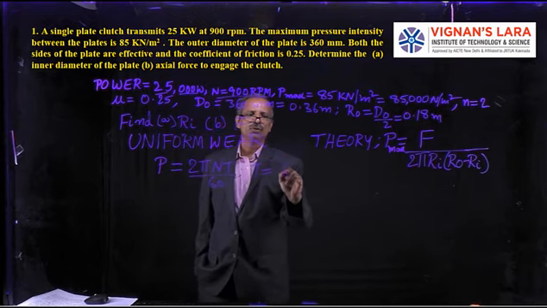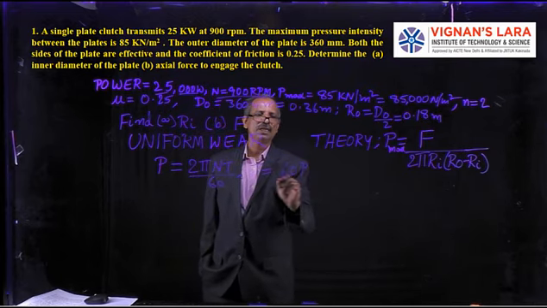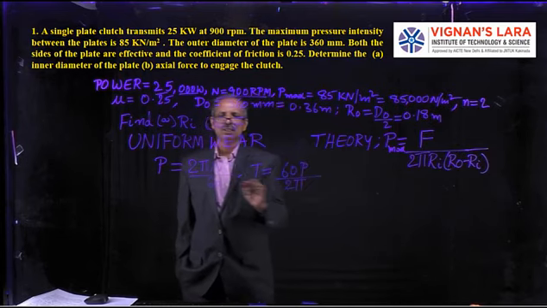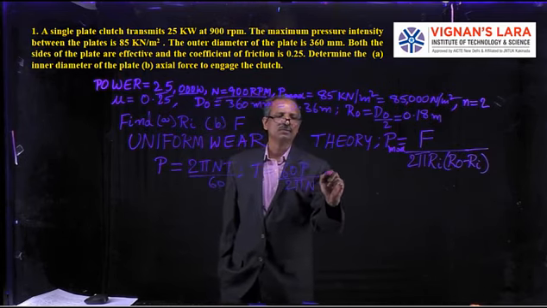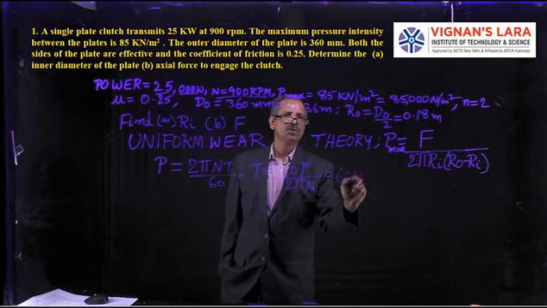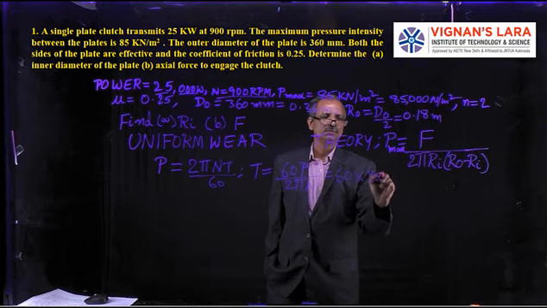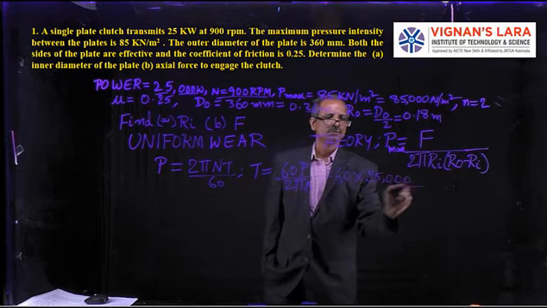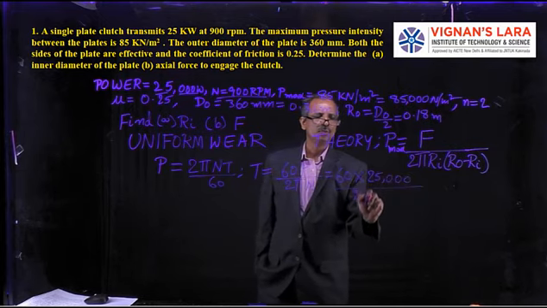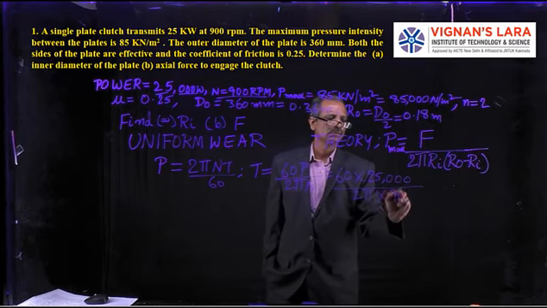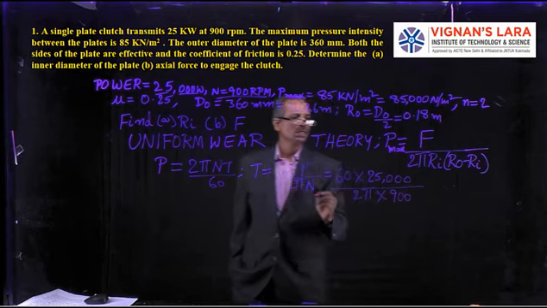T is equal to 60 P by 2 pi N, that is 60 into 25,000 by 2 pi into 900.